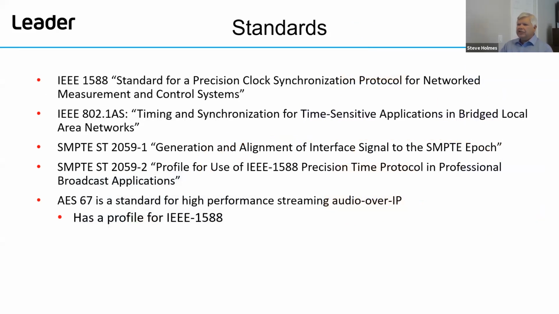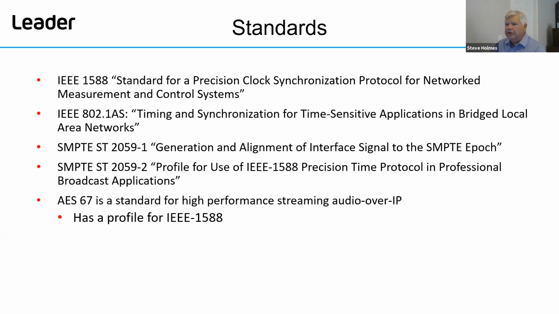So the 1588 standard is the one that was originally set many years ago for the IEEE 1588 for PTP. All of the cell towers in cell phone networks are clocked and use PTP. That's how they do handoffs from one cell site to another cell site.